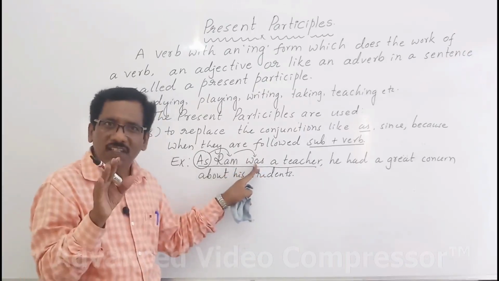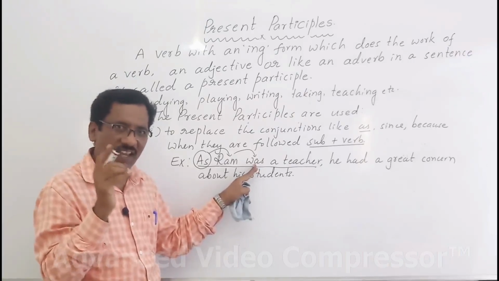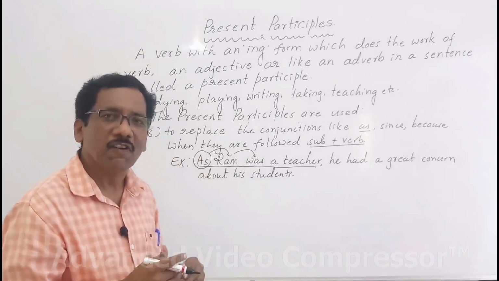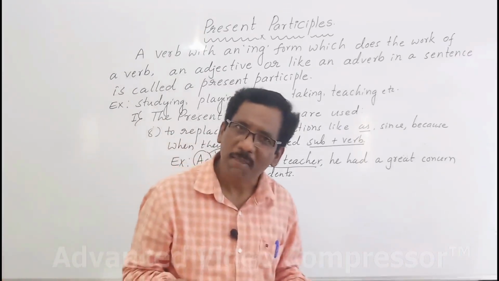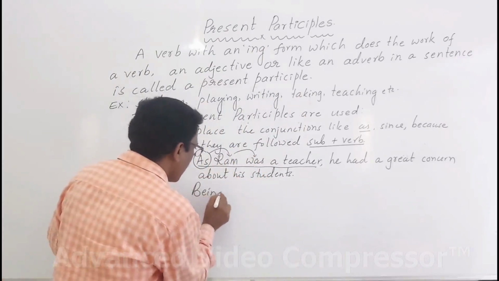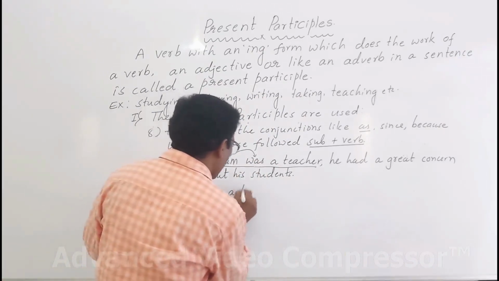See, was, you know that, is a form of be. Okay? So, be present participle form is, of course, what? Being. Okay? Then how can you write? Being a teacher.